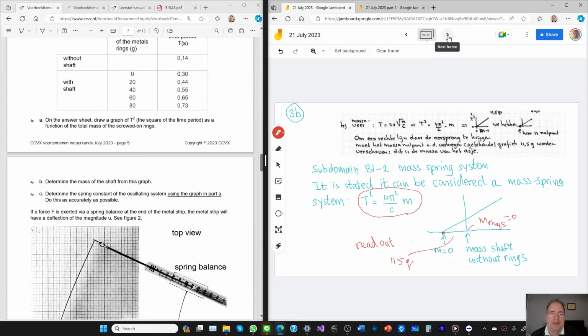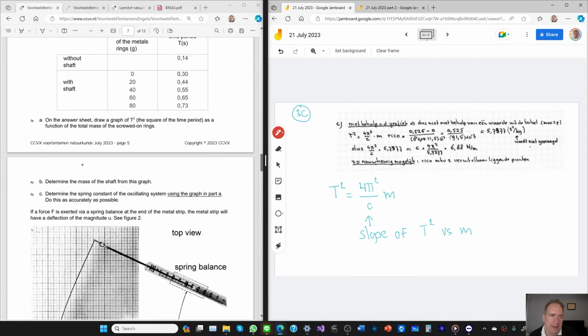And then in the next question, they're actually asking for the spring constant. So again, you can use this equation. Again, remember this. Then t squared is, so there's a linear relation between the mass and t squared, and the coefficient in front of m here is just the slope of t squared versus m in the graph.